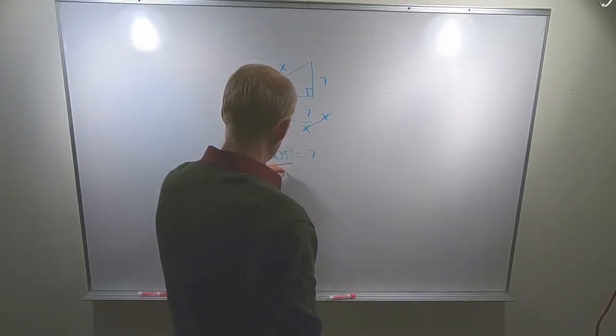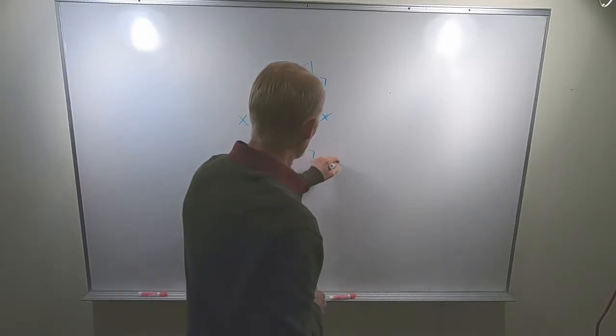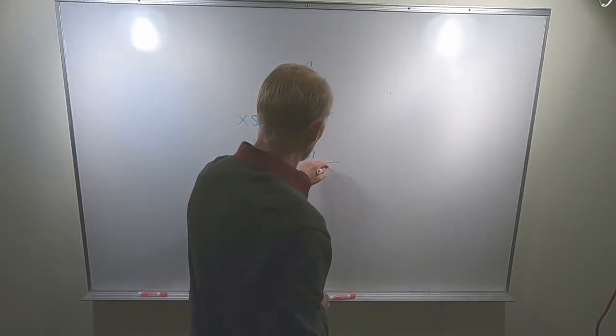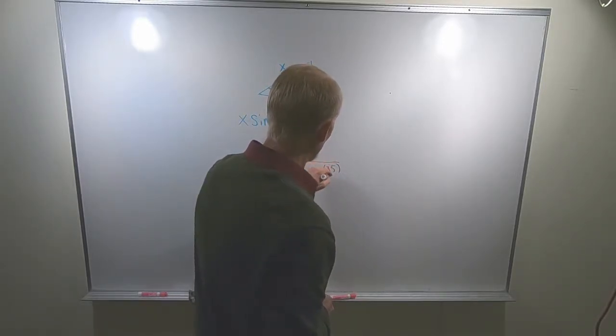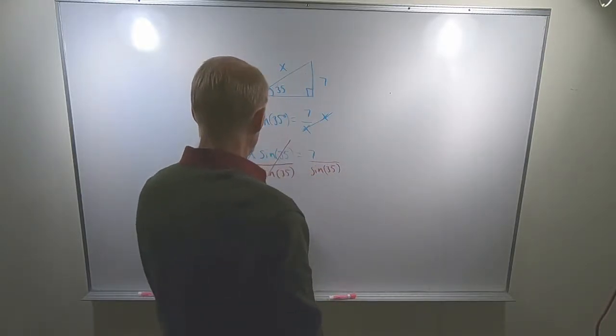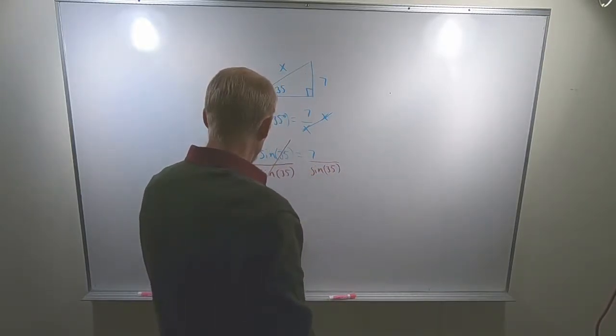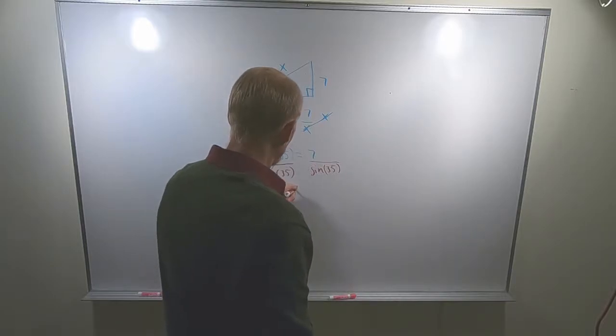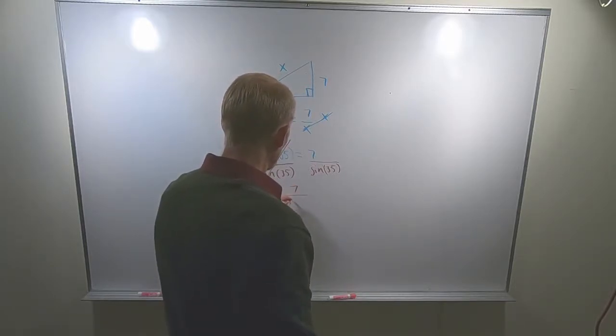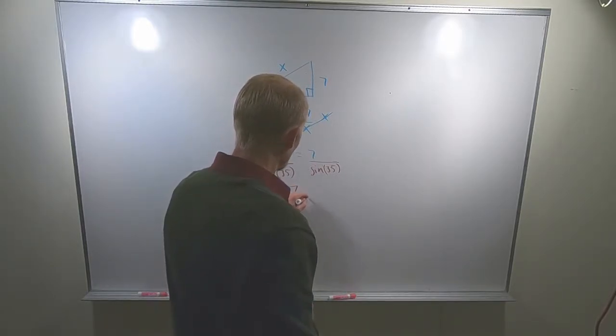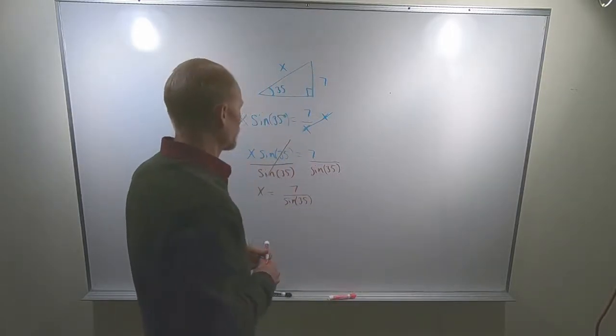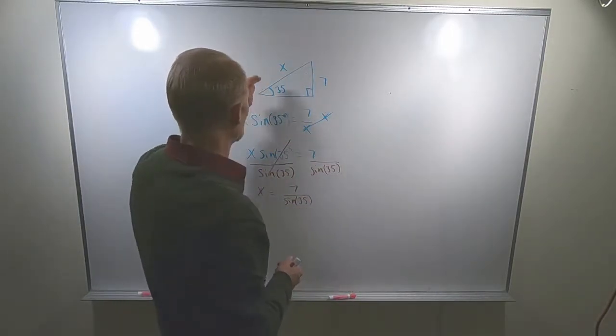So we divide both sides by the sine of 35. Okay, finally, x is alone. X equals 7 over whatever the sine of 35 is. So I should get some number that's greater than 7.